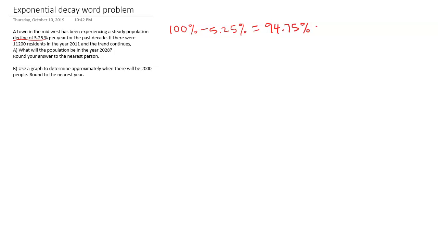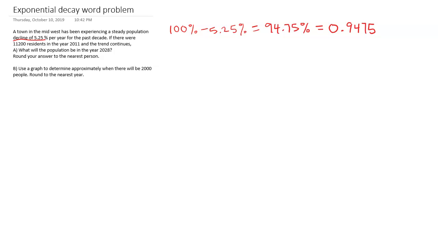And then we need to change that to a decimal. So that's going to be 0.9475 is the decimal that we're going to be using for that. And that right there is the constant rate that we are talking about. Or we've also called it our b, the b in our equations.